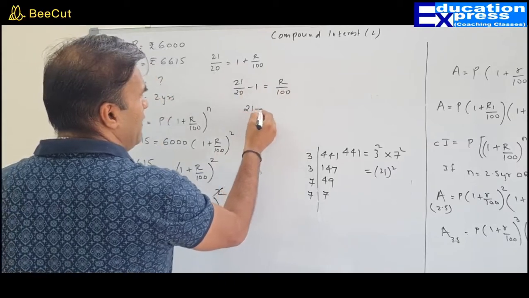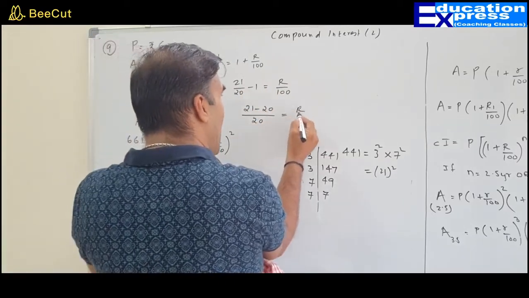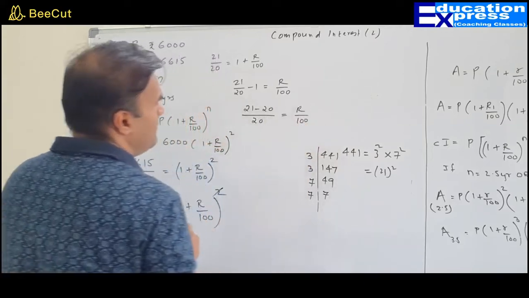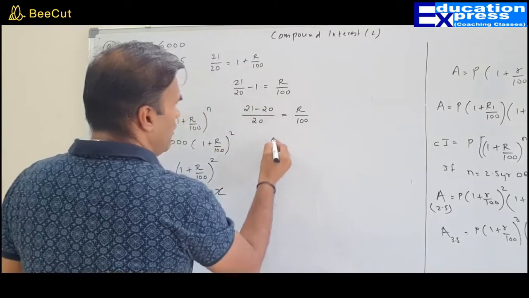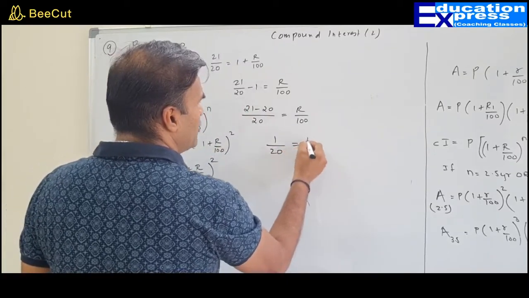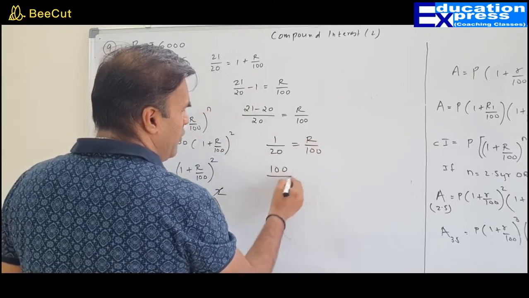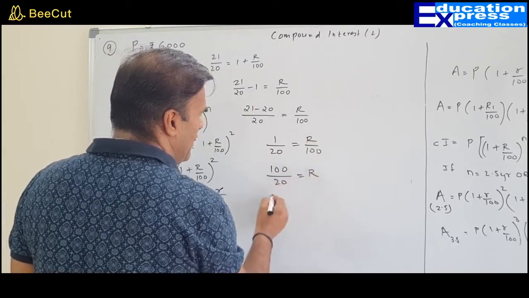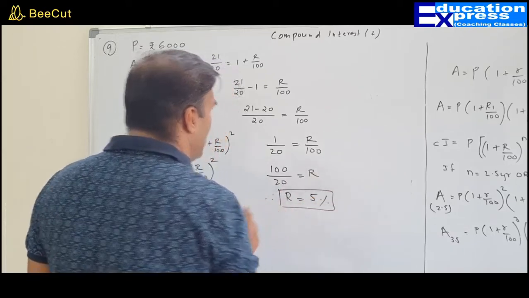This will be 21 minus 20 upon 20 equals R upon 100. So 1 upon 20 equals R upon 100. Shift 100 there: 100 upon 20 equals R. Therefore, R equals 5%, my dear friends.